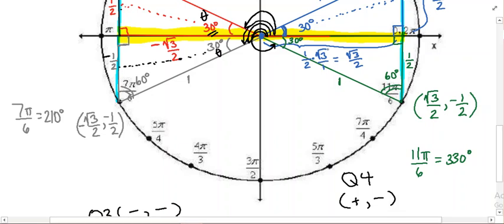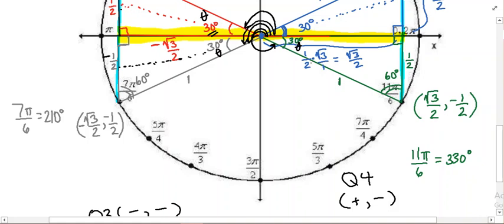Looking at this triangle, again, you're going to have a 30-degree reference angle because when you drew in that 330-degree angle, you started at the positive x-axis and rotated all the way around to here. You had 30 degrees left to get back to the x-axis, so your reference angle is going to be 30 degrees.